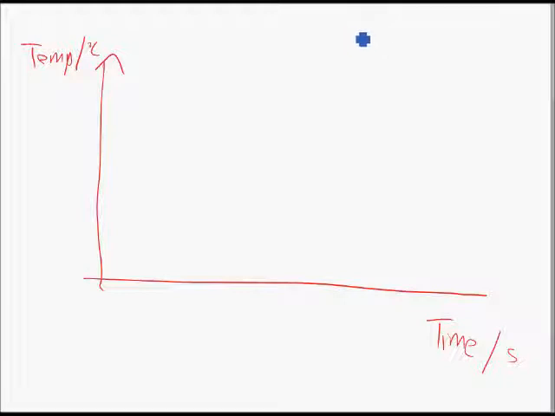Oh no, actually I'm going to start with some ice. So here I've got some ice, and let's say that I start off at 0. No, I'm going to start off sub-zero. Let's say I start off at minus 10 degrees Celsius, because I can.